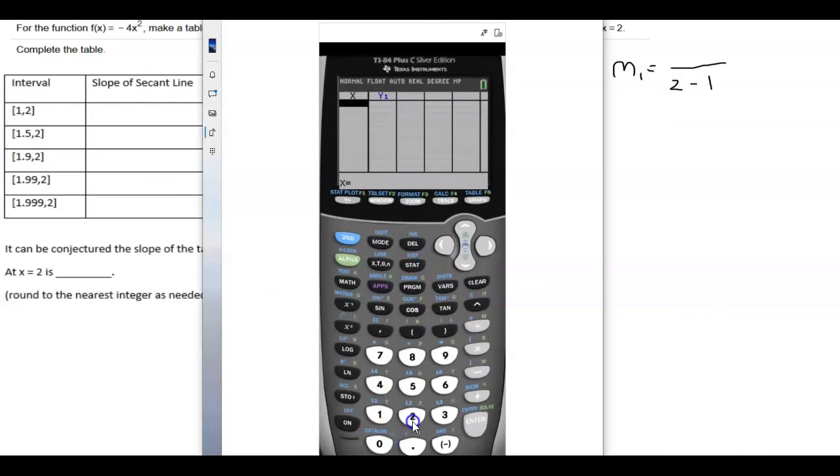I'm going to put all of these values in. I know I'm going to be using 2, so that gives me a negative 16. And then I'm going to be using all of those values: 1, 1.5, 1.9, 1.99, 1.999.